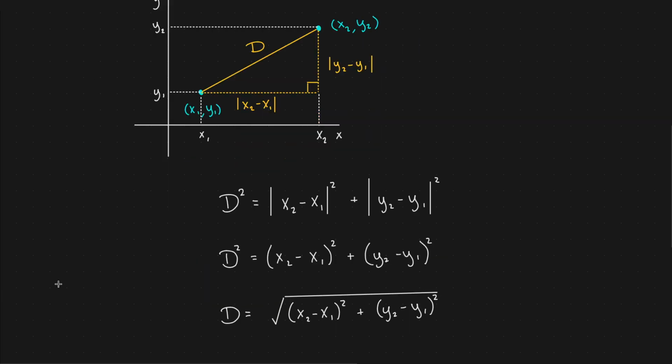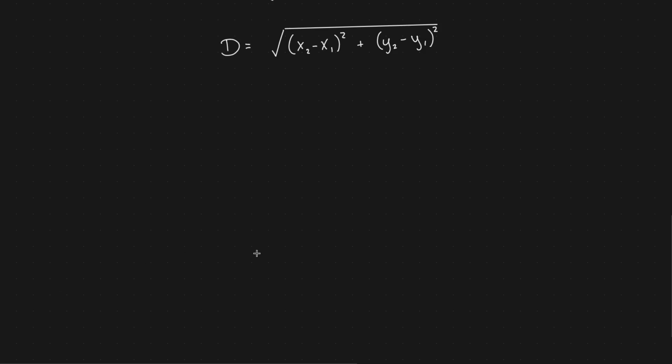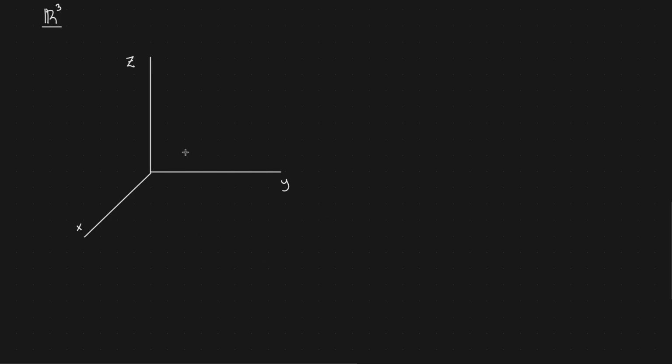Let's see what happens when we go to R3. Let's draw our three-dimensional space. And let's imagine 2 points in this space. Say x1, y1, z1 here.